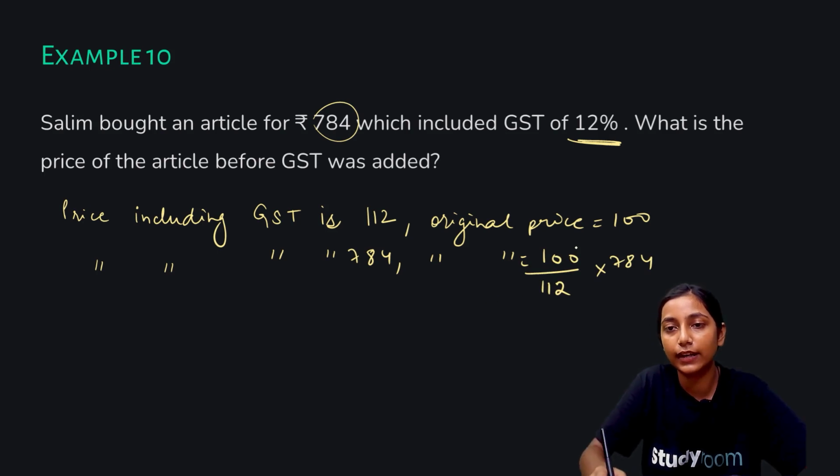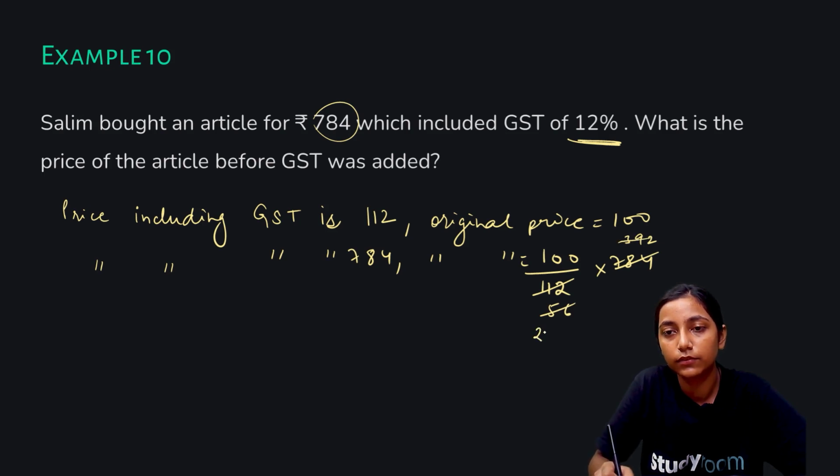On solving this, you divide by 2, again you can divide by 2, and now you can divide by 4. 4 sevens are 28, 4 fours are 16, 9 fours are 36.